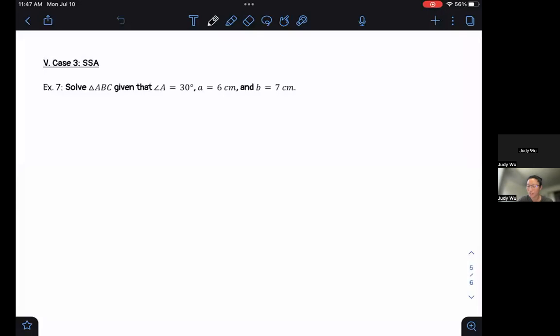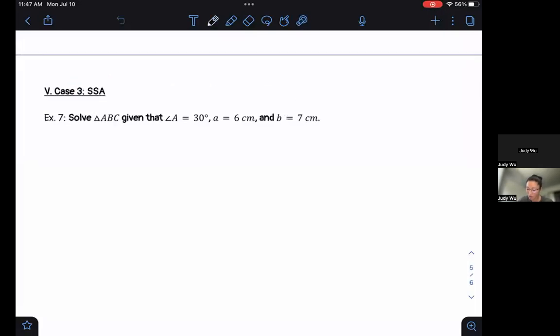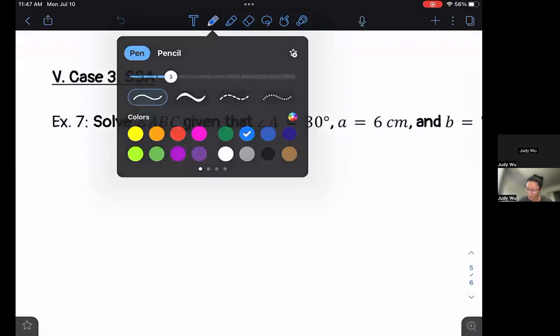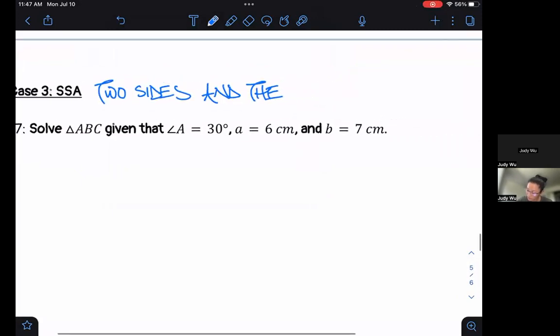And so in this video, we're going to take a look at something that is called the SSA case, all right? So this time we have two sides and the angle not in between.